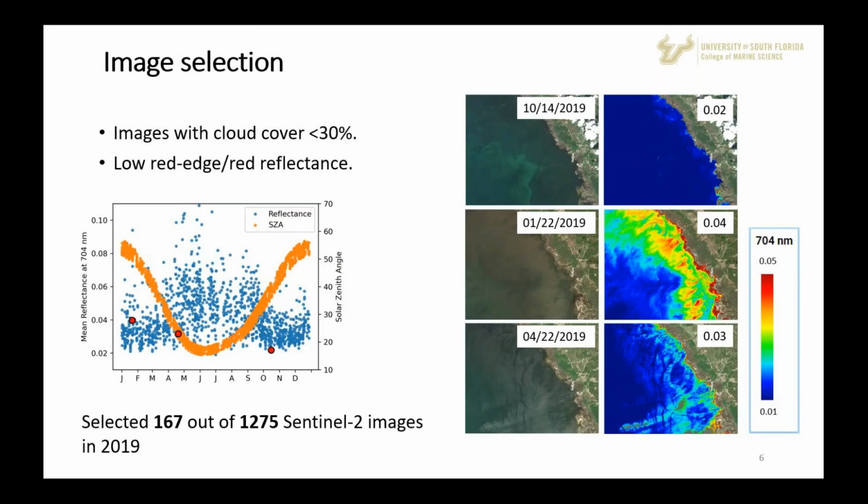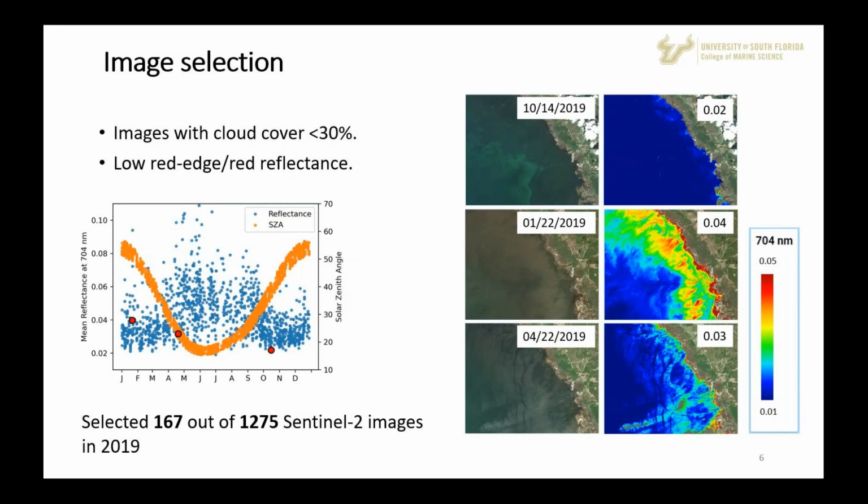So this is a lot of computation, but it is also possible thanks to the power of Google Earth Engine. We can see in the plot the mean reflectance values at 704 nanometers as blue dots. We can see the sun zenith angles as orange dots. Every dot represents an image of the pre-filtered Sentinel-2 collection for Florida over 2019.